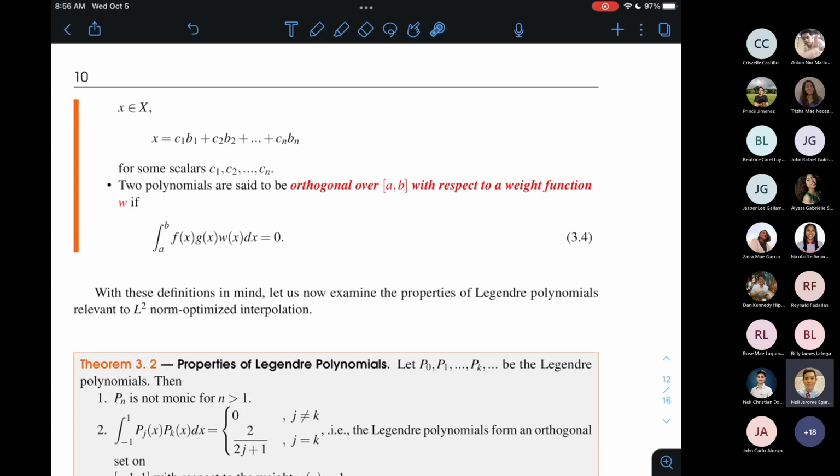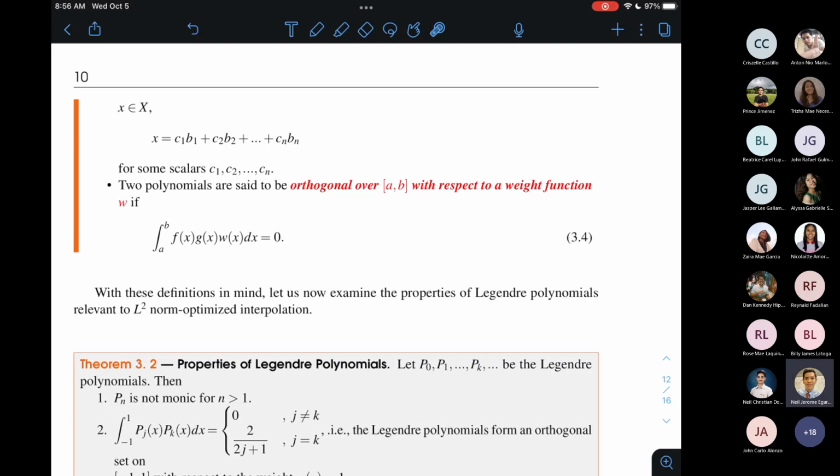Pag equal siya kay 0, then masasabi natin na si f at saka si g ay orthogonal dun sa interval AB with respect to the weight function W. Okay? Tapos papakita natin yung paano na satisfy ni Legendre polynomial yung tatlong conditions na yan. Alright?